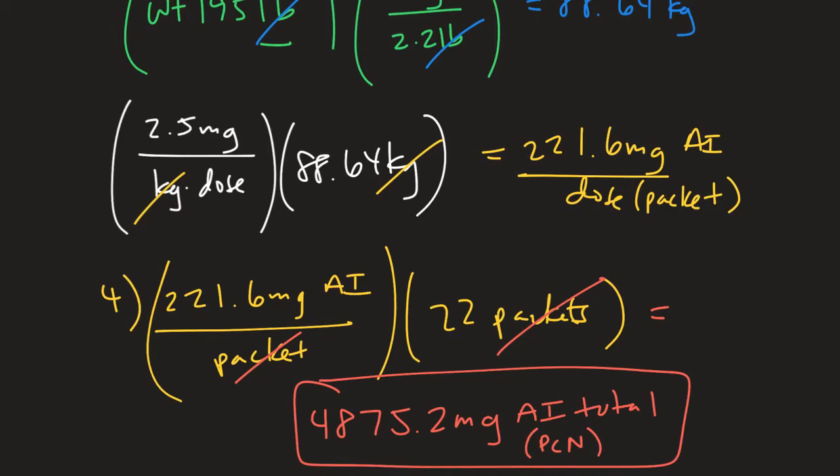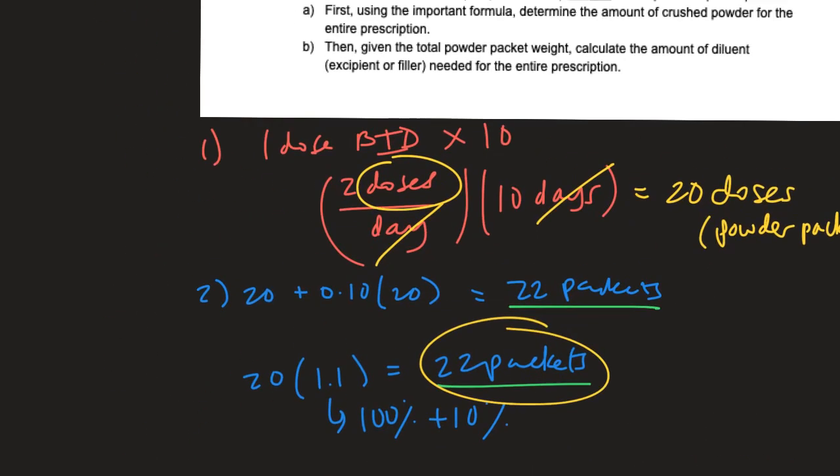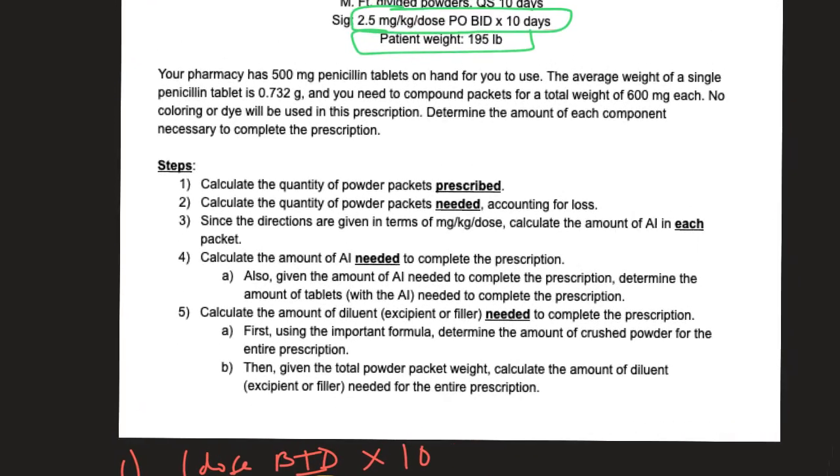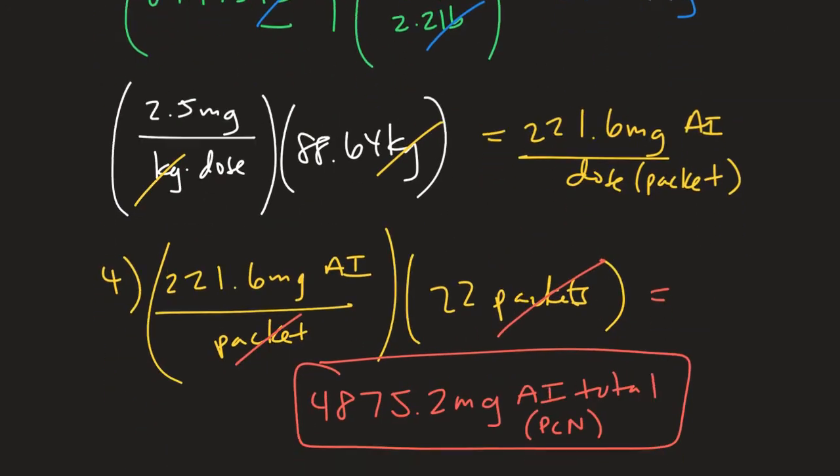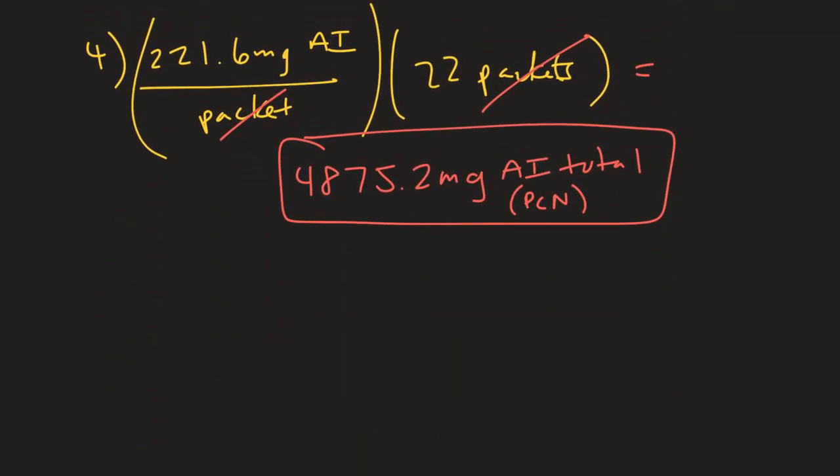We can also from this calculate how many tablets we need. Each tablet holds 500 milligrams of penicillin. How many tablets do we need to crush?